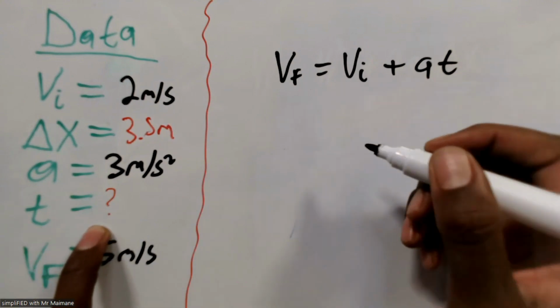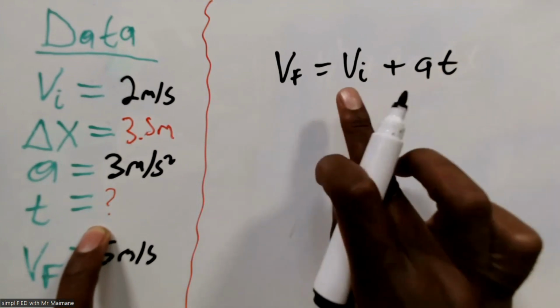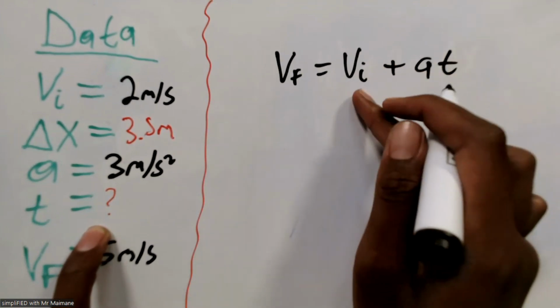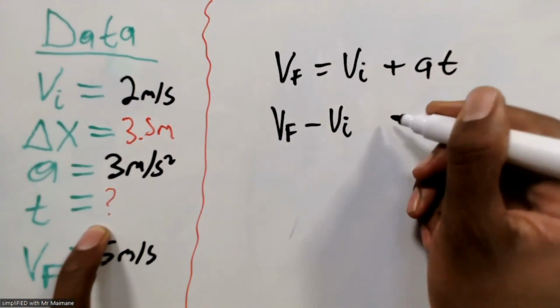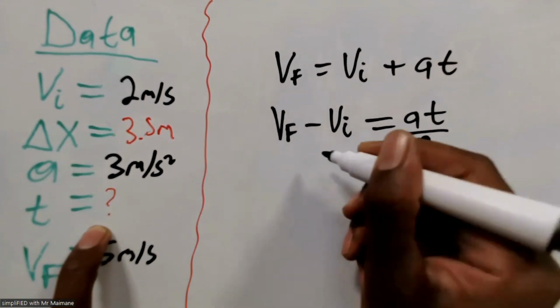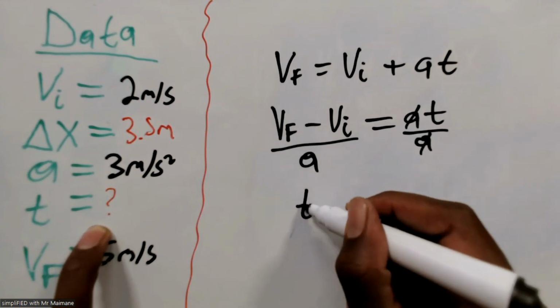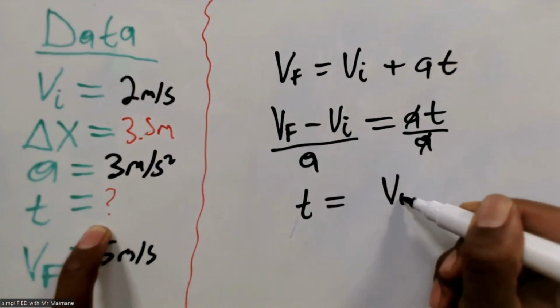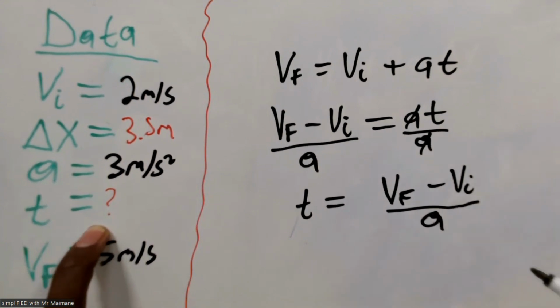Before I calculate t, I'll make t the subject of the formula. If I take the Vi to the other side, I'll have Vf minus Vi is equal to At. And then I divide by A because I want to calculate t. This cancels that. Therefore, t will be Vf minus Vi all over your given acceleration.